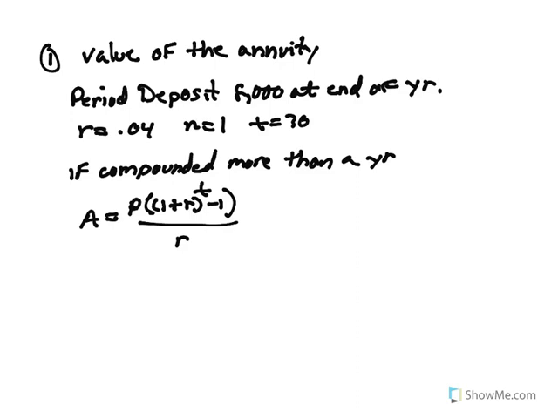Okay, it looks complicated, but it's not. That would be the appropriate formula that we use in this situation. So we know P is going to be 8,000. We already know the rate is 0.04 that we put on top. And the time is 30 years, so now we just substitute everything in there.